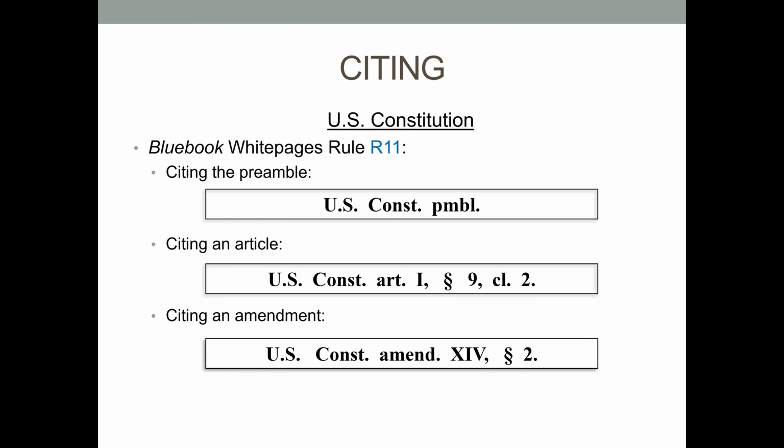And if you want to further specify a section in the amendment, because some amendments do have multiple sections, then you'll put a comma after the Roman numeral amendment number, space, section symbol, space, and then an Arabic number for the section number. So that's how you cite the United States Constitution under the Blue Book.